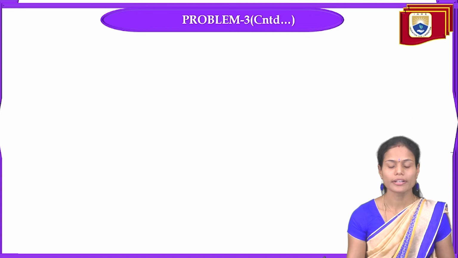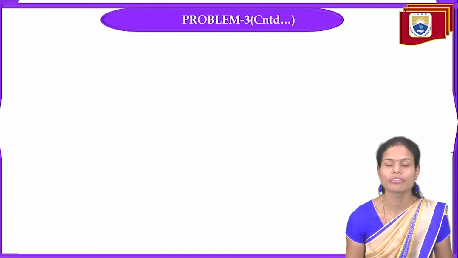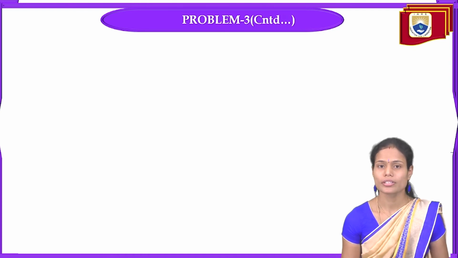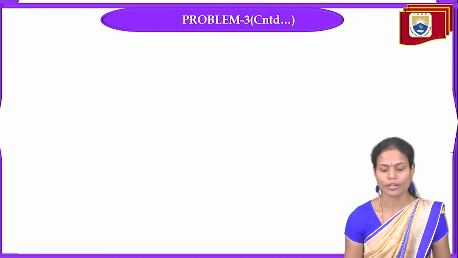So to prove that, first of all we have to find the time period for the given circuit so that we can show whether it is reaching the required condition or not.